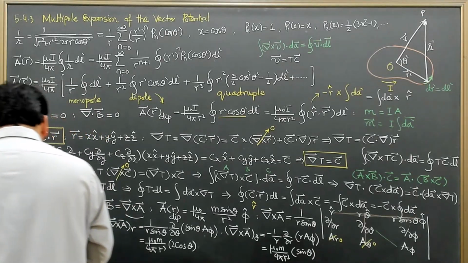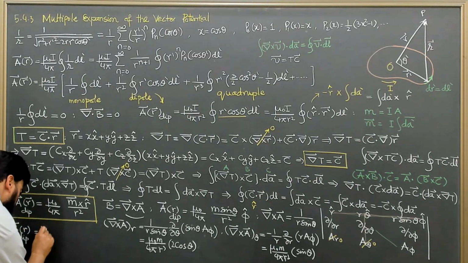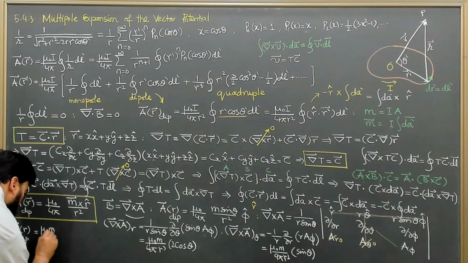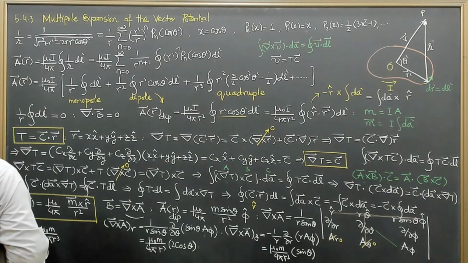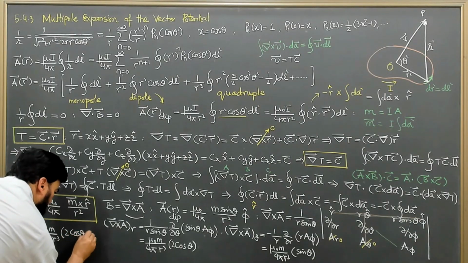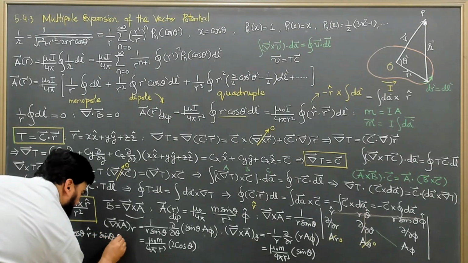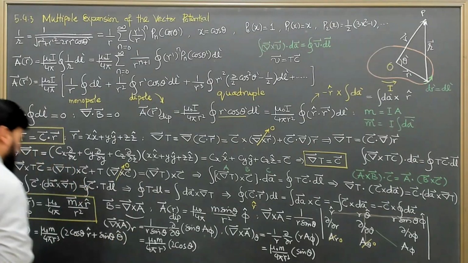So I can write that the magnetic field of a dipole, B of r, is equal to mu naught m over 4 pi r cube, and 2 cos theta in r unit vector plus sine of theta in theta unit vector.